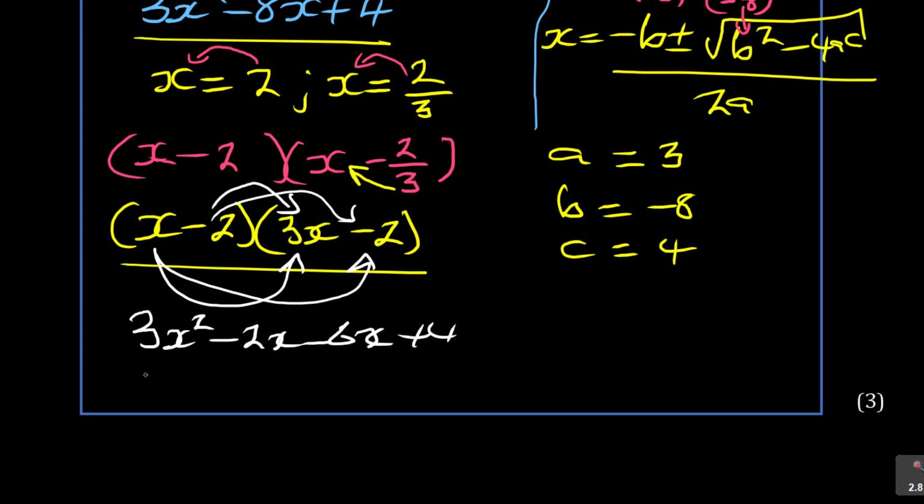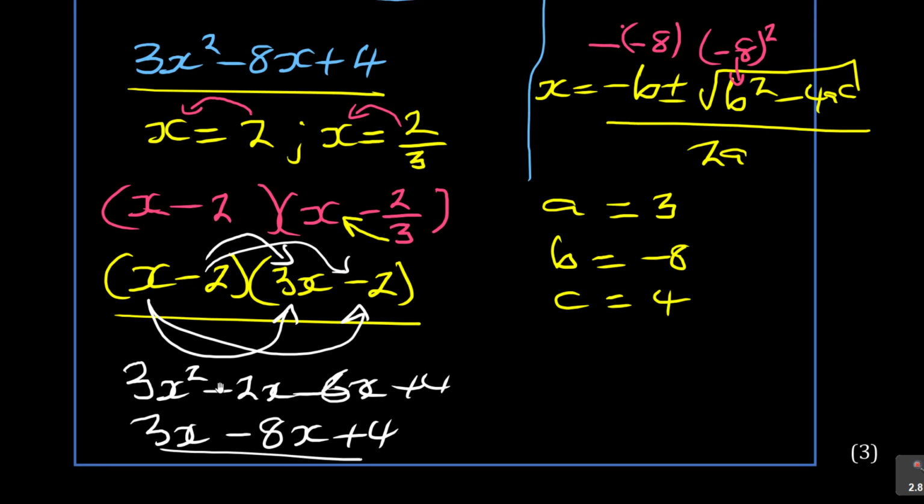So 3x squared, negative 2x, negative 6x, is negative 8x, plus 4. There it is. So I'm giving you here a shortcut that you can actually use. Your quadratic formula can work for you here, even if they say without using a calculator. You can manipulate.